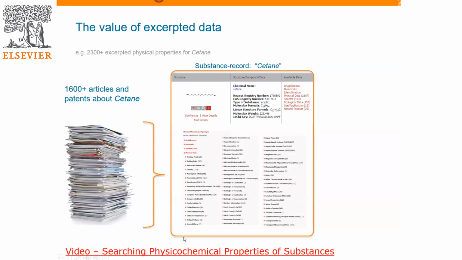During the webinar, quite often you can see red text, for example, like this one: video searching physicochemical properties of substances. It's not presented here just to advertise, but on the Research Academy webpage, where you can download your certificate, the presentation is also available.